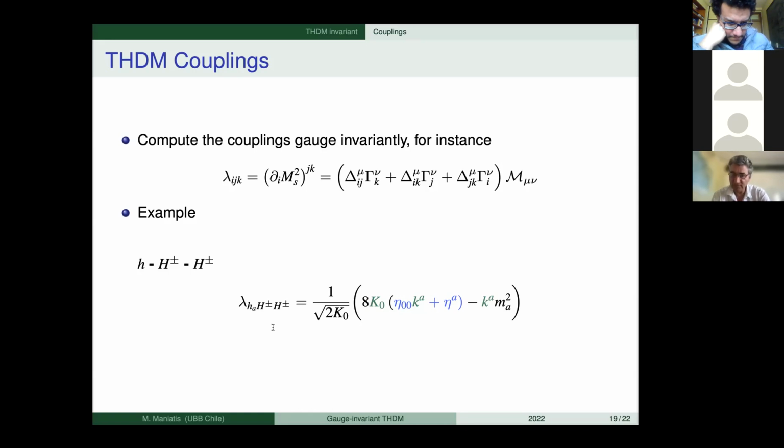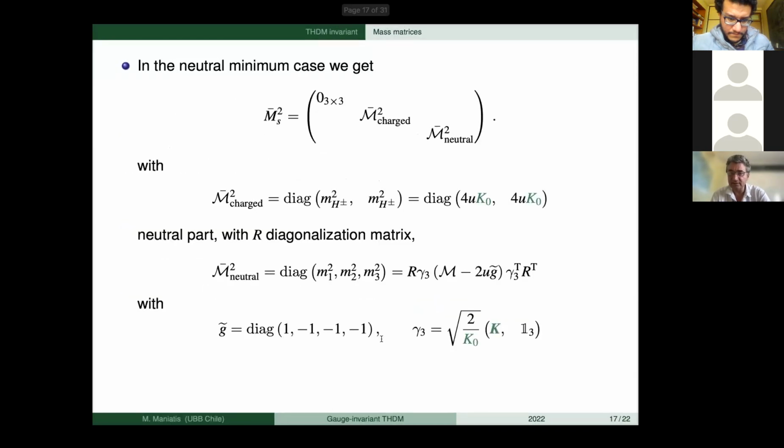That is the same as diagonalizing all the kinetic terms, that means q squared minus the mass. Here you have diagonalized this. The mass matrix is diagonalized, for instance, here, right? Yes, I understood. And then this is just explicitly expressed in gauge-invariant quantities.